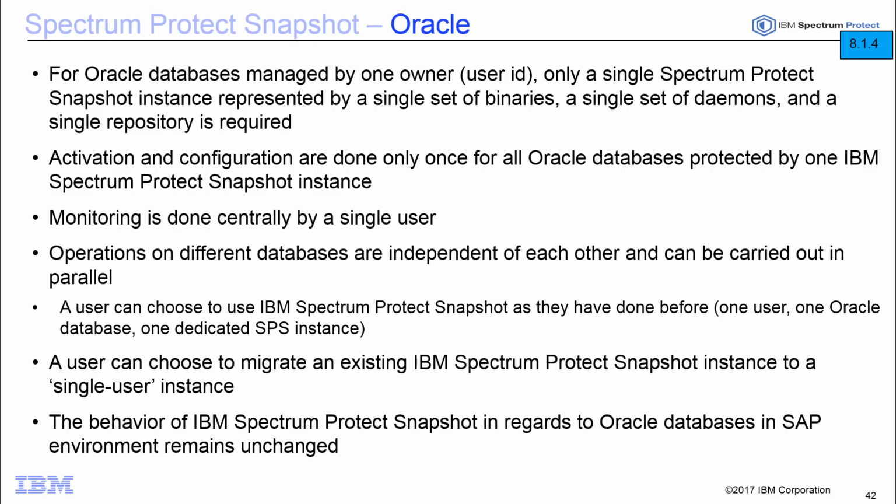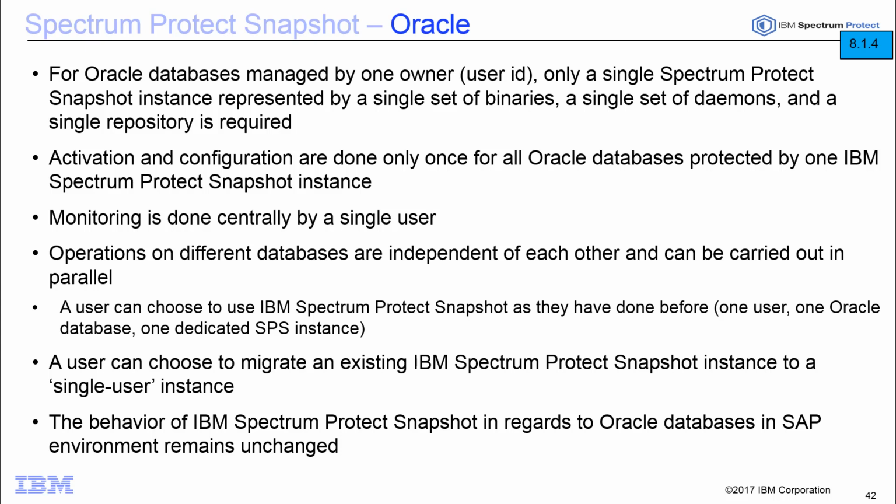Beginning in version 8.1.4, that restriction has been lifted. So now for Oracle databases managed by a single user ID or a single owner, you only need a single Spectrum Protect Snapshot instance represented by a single set of binaries, a single set of daemons, and a single repository.